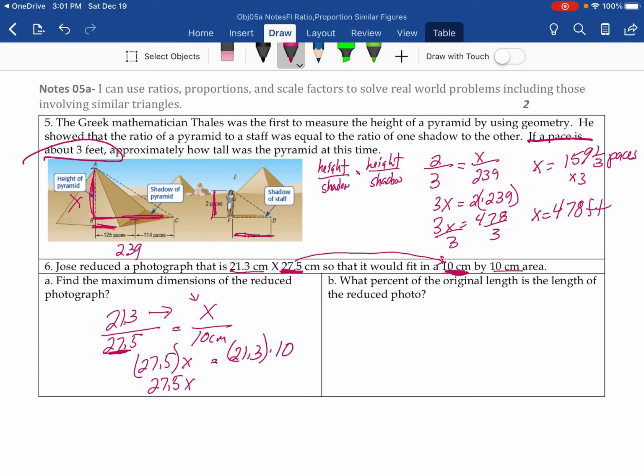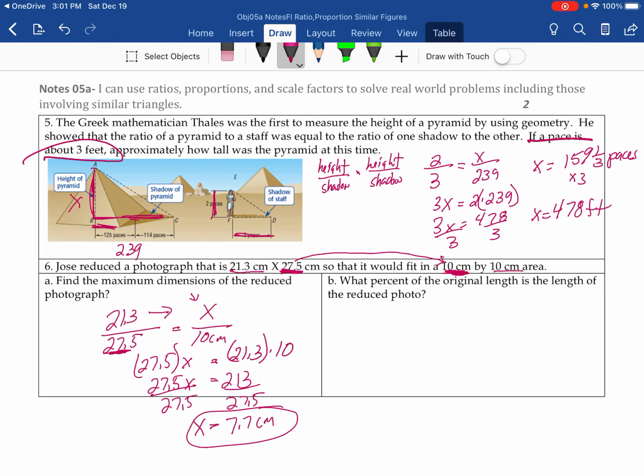So 27.5x is equal to 213. Divide by 27.5, divide by 27.5. x is equal to approximately 7.7. Okay, just about 7.7 centimeters.